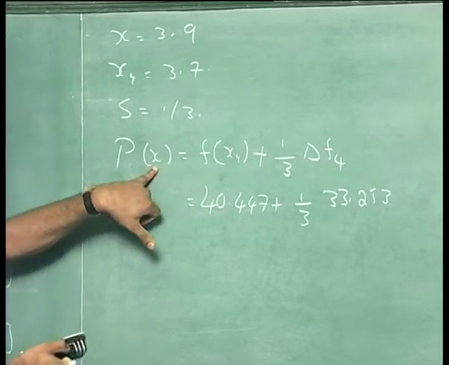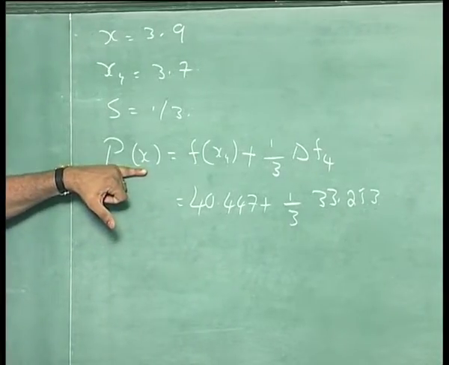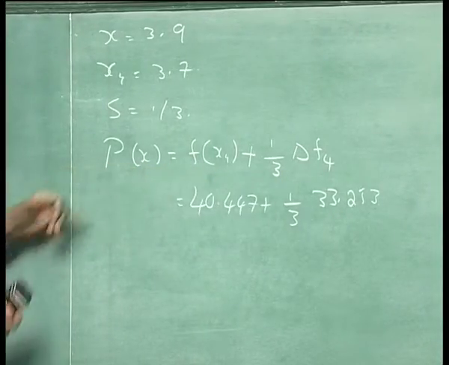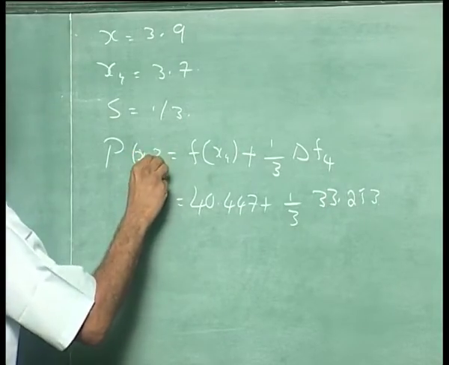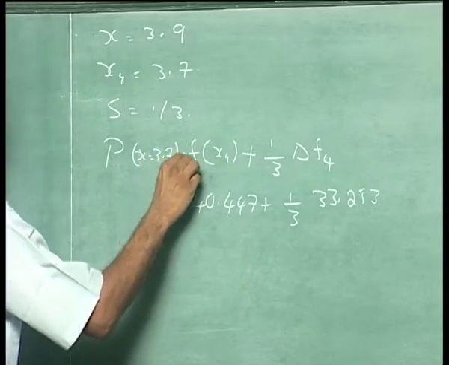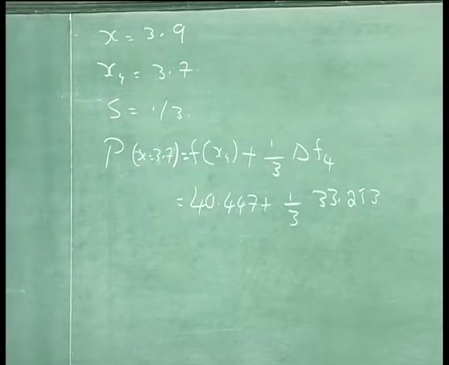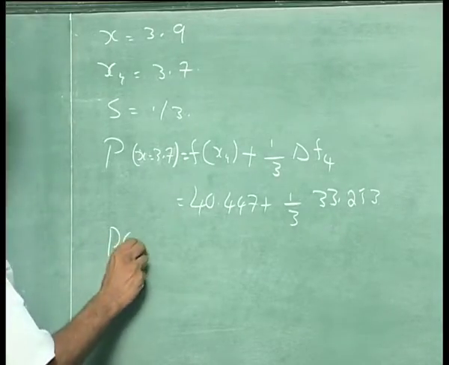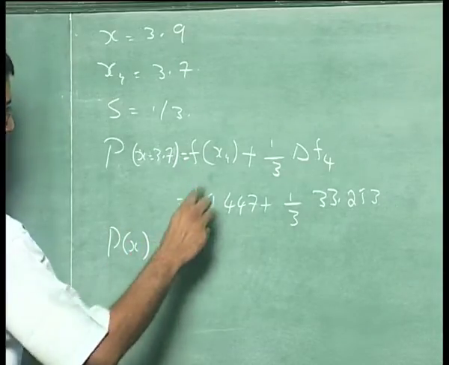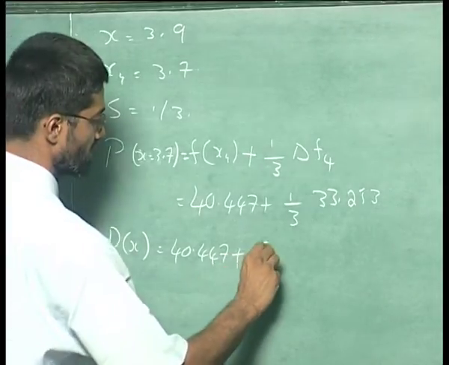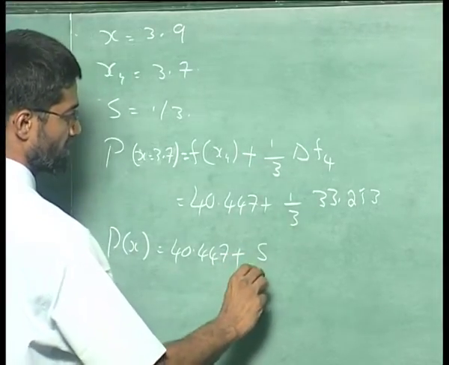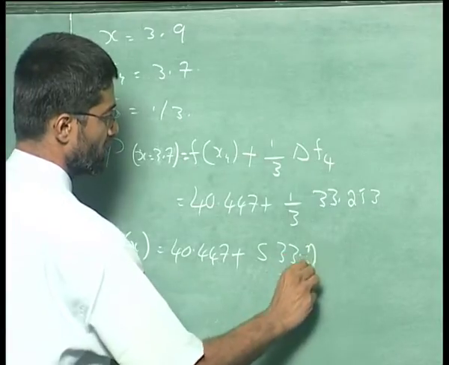That will be the value of p of x evaluated there, because now everything is a number. So p at x equal to 3.7 we can evaluate. If the polynomial p of x entering at that would be just f of x4, which is 40.447 plus s into 33.253.